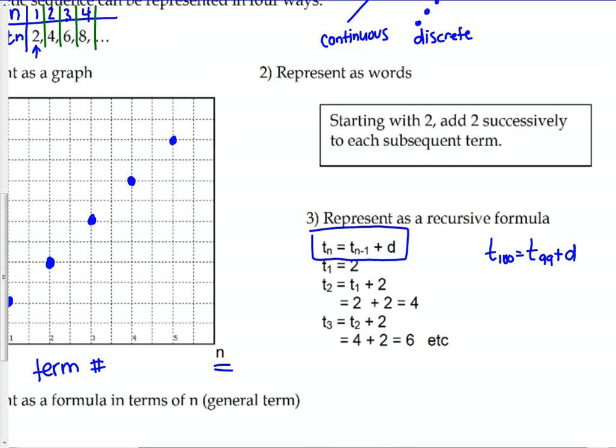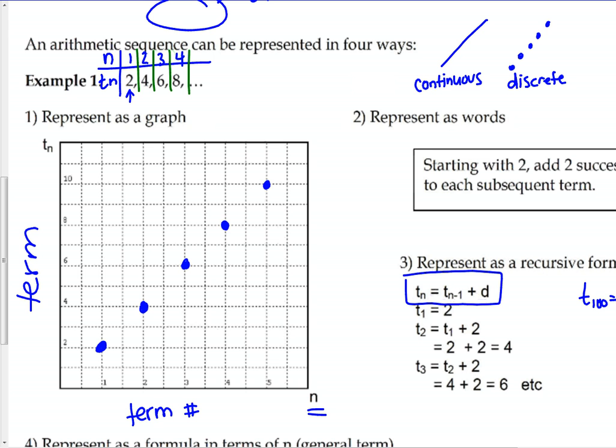So how do we make the formula? Well, looking at where I compared your n and your t of n, what's the relationship between the term number and the actual value of the term? Look at your n and your t of n. What's the relationship each time? It's double.